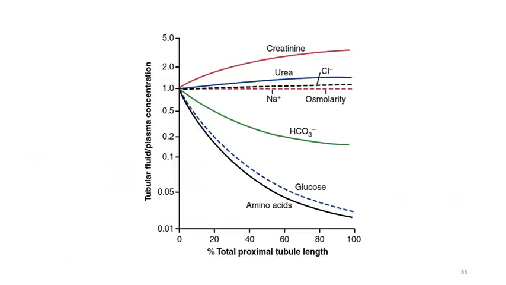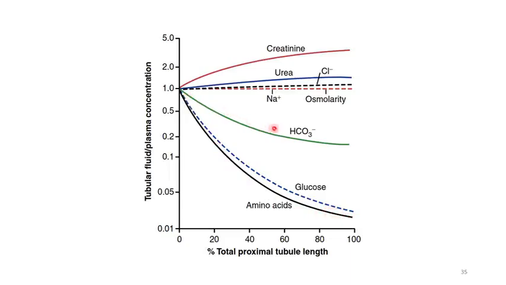In this graph, we follow the tubular concentration of different substances compared to plasma concentration. For nutrients, amino acids, and glucose, you see that through the length of the proximal tubule, shown in percentage here, as we go to the end of the proximal tubule, the concentration of tubular fluid for glucose and amino acids is reduced to a much lower level, near zero.